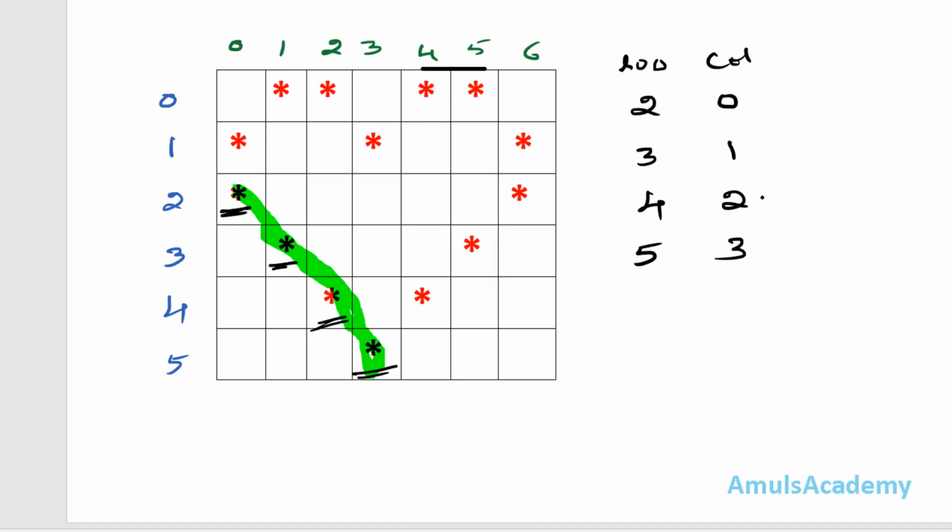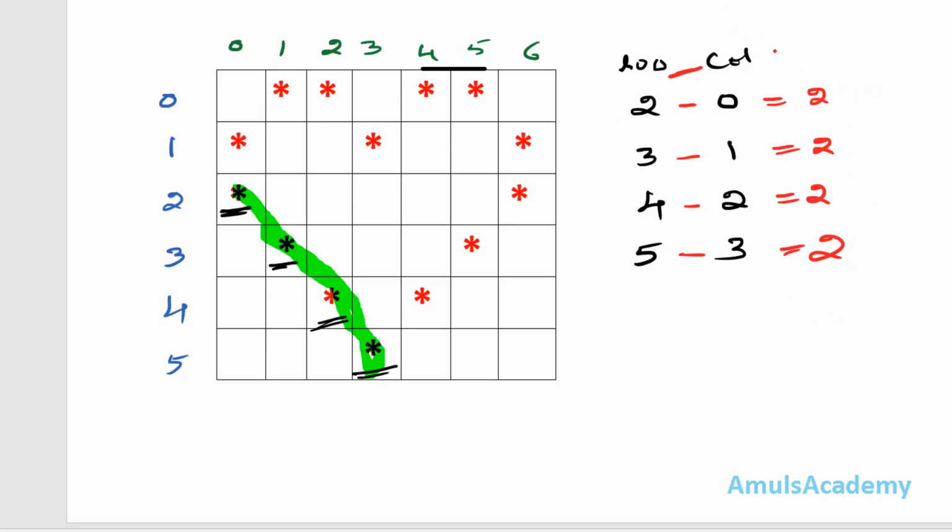Right? So now, to print these 4 stars, I'll subtract column value from row. If I do row minus column, here 2 minus 0, we'll get 2. 3 minus 1, 2. 4 minus 2, 2. 5 minus 3, 2. So in the case of these 4 stars, if we subtract column value from row, then we'll get the result as 2.